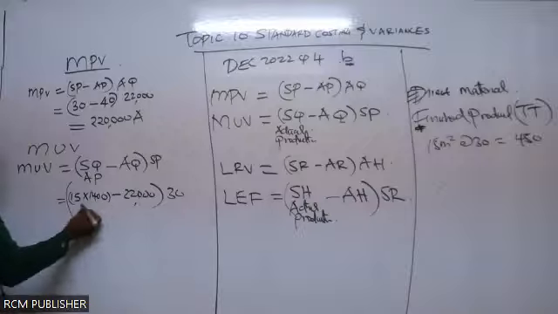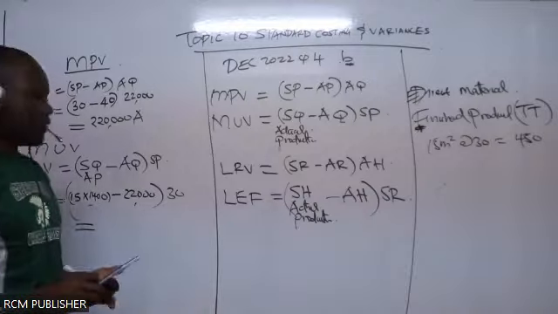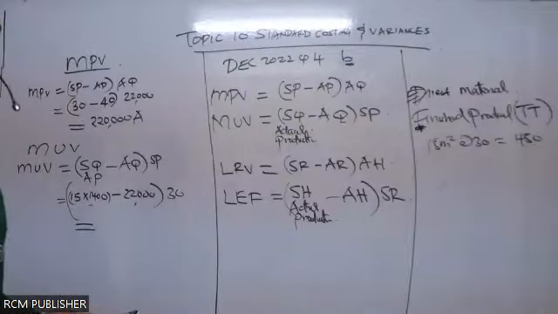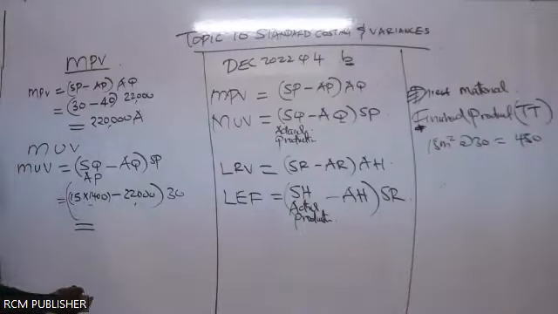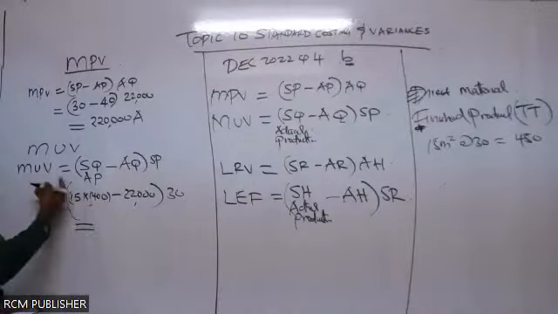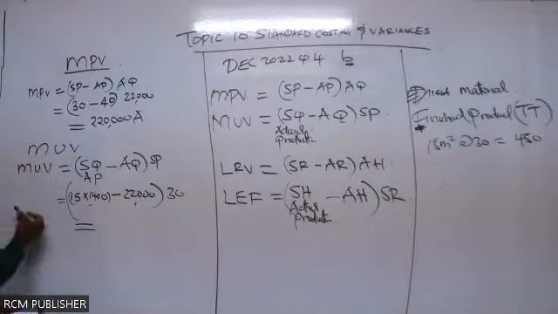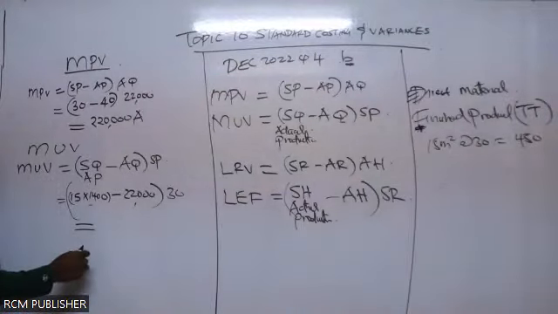Now, I just want you to give me this figure, then I will tell you whether it is favorable or adverse. 15 by 1,400, how much do we have? 15 by 1,400 is 21,000. I anticipated to produce 1,400 units.